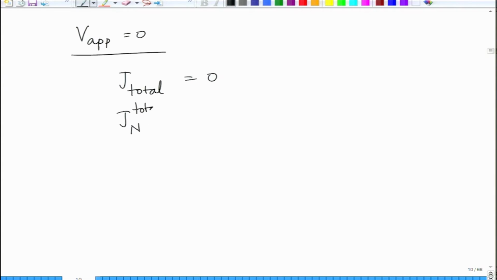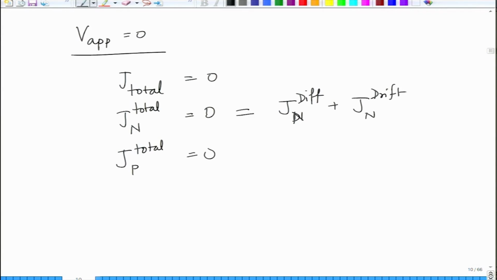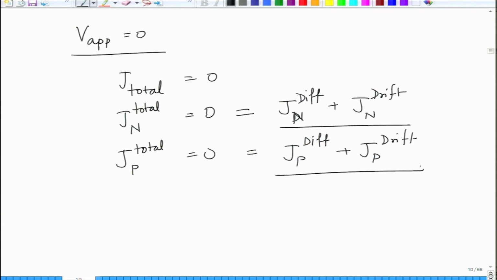Jn total is equal to 0, Jp total is equal to 0. However, Jn total is Jn diff plus Jn drift. Similarly, Jp total is equal to Jp diff plus Jp drift. These two balance each other.